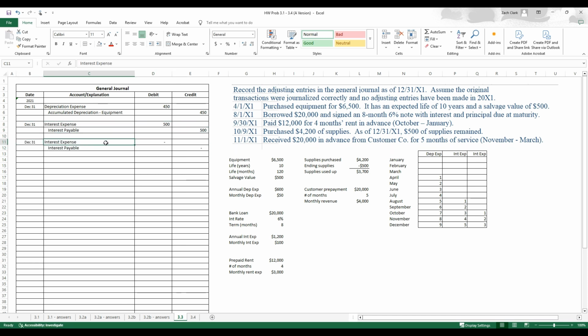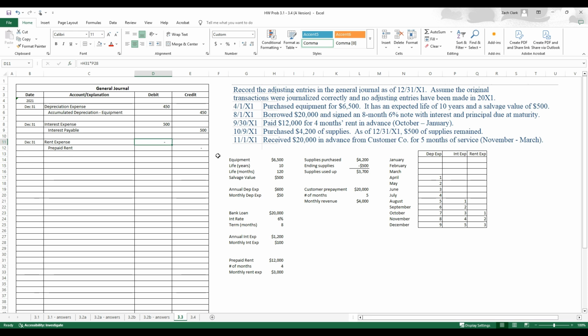I'm just not doing the explanations right now, so I'm not going to hold you accountable for doing them on this problem either. This was interest expense. This is rent expense, so let's change that to rent. And then this will be a reduction in our prepaid rent, not a payable.